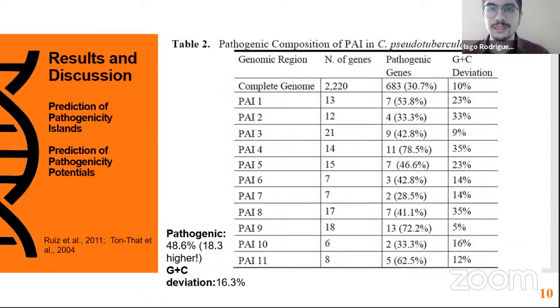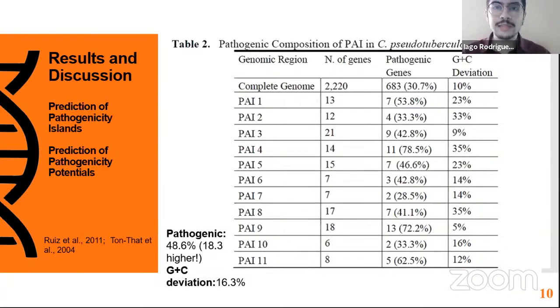As reported in the scientific literature, these islands are known to have a genetic repertoire related to pathogenic processes. So most of these genes are related to pathogenicity, and also a lower GC content when compared to the rest of the genome. So this allows the prediction of these regions through in silico tools. That's what we did here.